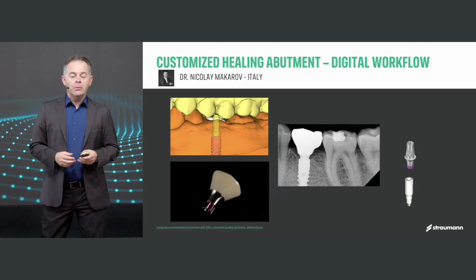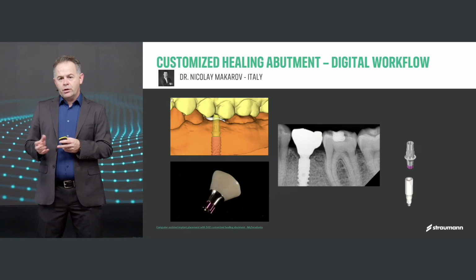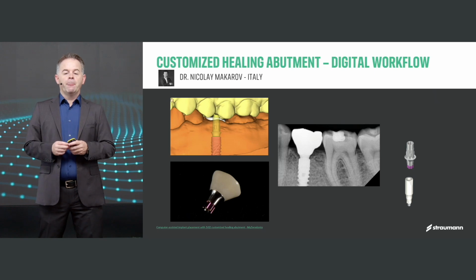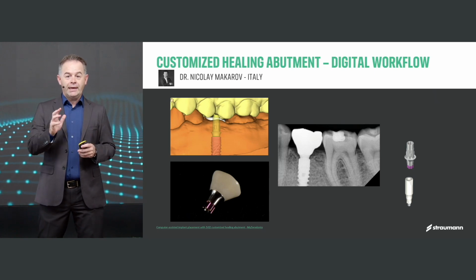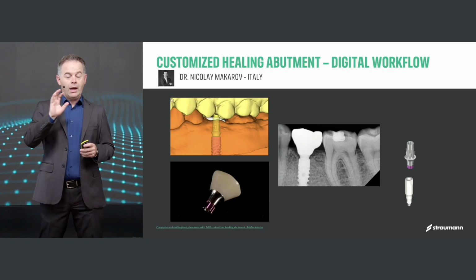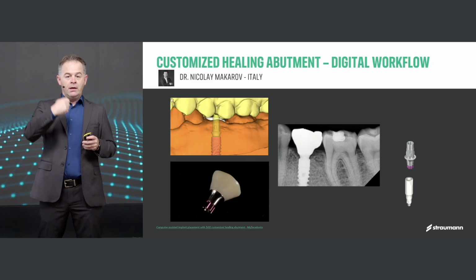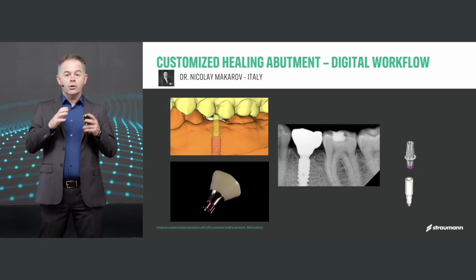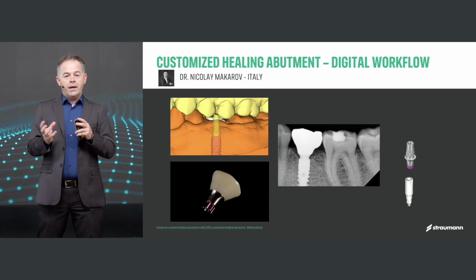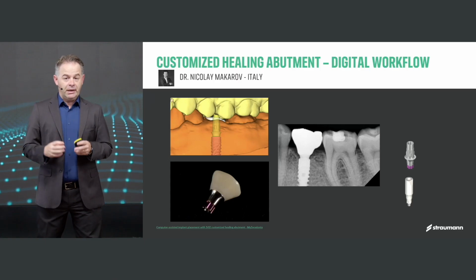What is also commonly done is a digital workflow. It's another option too. So right during the planning, you already considered this route. All you're going to do, instead of manually shaping this chairside, is design it in a software, and then you're going to have to cement this to an abutment.